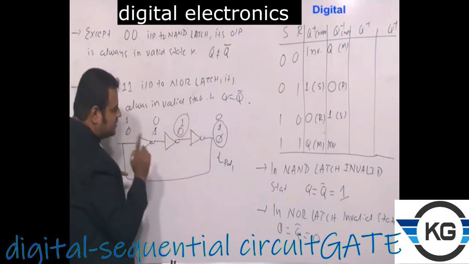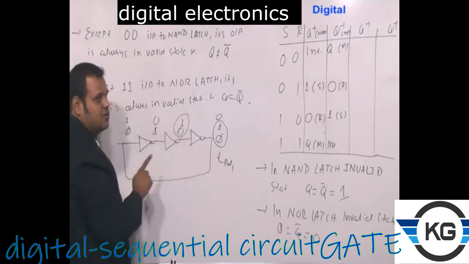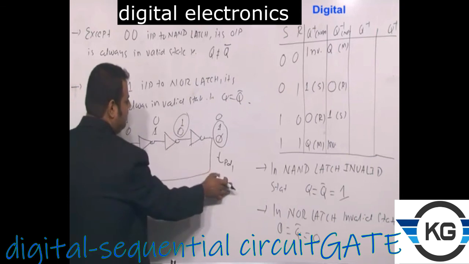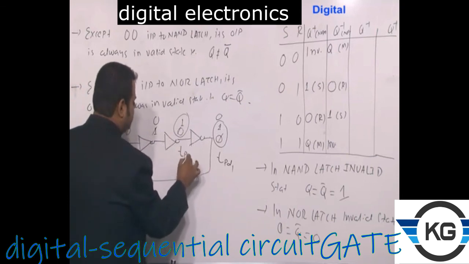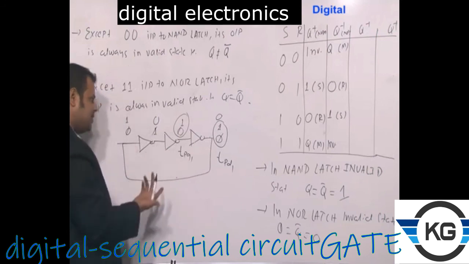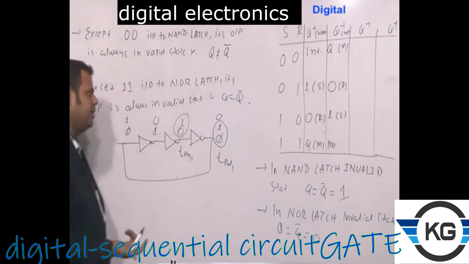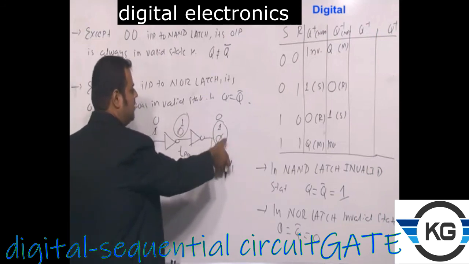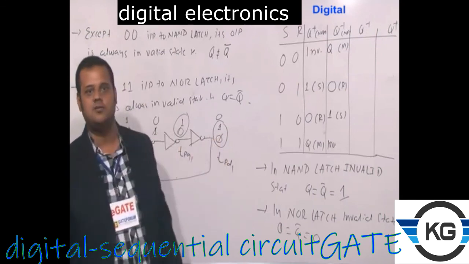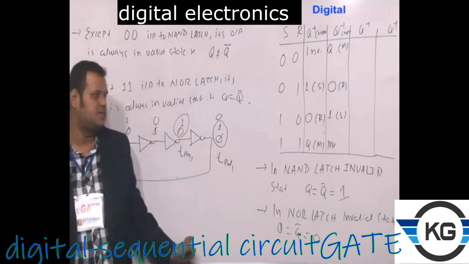So unless the signal propagates throughout the loop, you do not get any fluctuation on the output. So if this is TPD1, this will also be TPD1, this will be 30 nanoseconds, this also 30 nanoseconds, here also 30, throughout the circuit 30 nanoseconds. So you are getting the fluctuation within equal intervals, and because these gaps are the same, definitely the frequency will also be the same. What is the need to think of that? I hope this is clear.